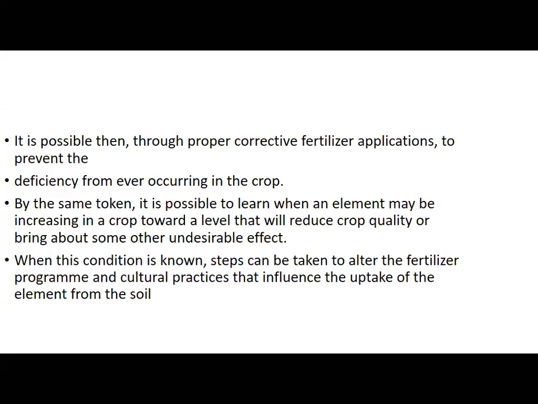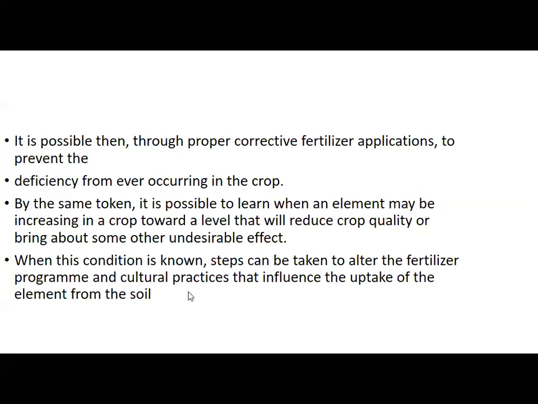When this condition is known, steps can be taken to alter the fertilizer program, where we can change the fertilizer program or undertake some cultural practices that influence the uptake of the element from the soil.